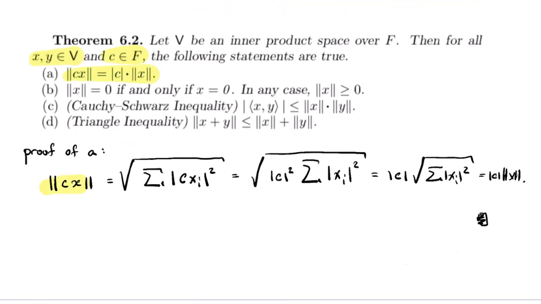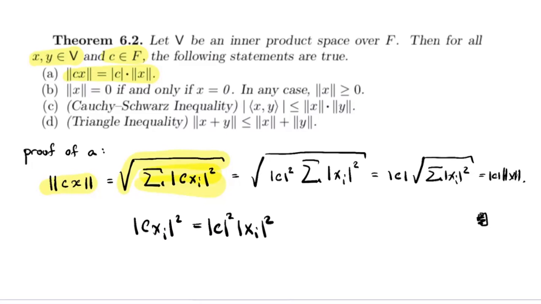If you take a look at the norm of Cx, by the definition, it's the square root of the sum of |C xi| squared. But by properties of the absolute value, |C xi| squared is |C| squared times |xi| squared.